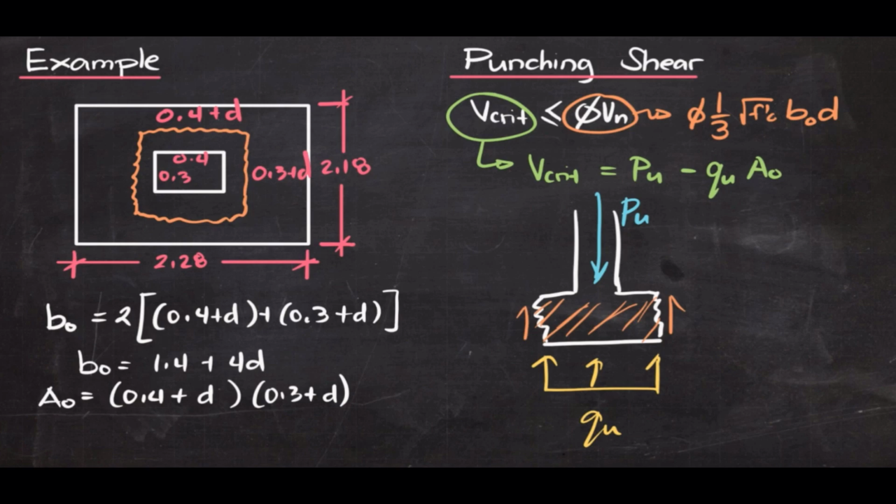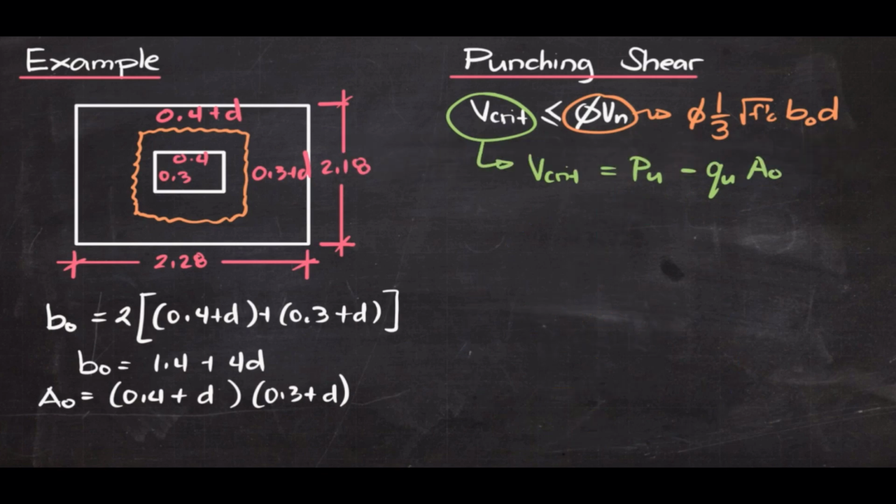By summing up the vertical forces, we get P sub u minus q sub u times A sub o, which is the area under this critical section. Now let me continue our solution. So the critical shear would be 1160. Remember, that is P sub u minus 233.382, which is our q sub u, or the ultimate pressure, times A sub o, which is 0.4 plus d times 0.3 plus d.